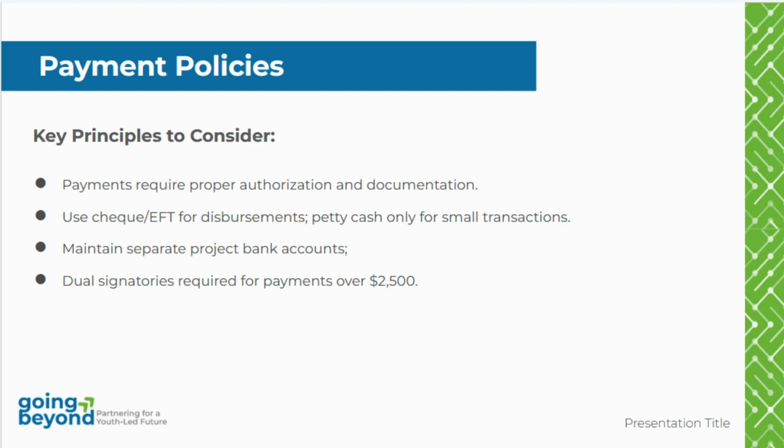Dual signatories are required for payments over $2,500 to enforce oversight and accountability. Additionally, spoilt checks are retained as audit evidence and recorded properly. Note well that payments are only made after verifying compliance with policies, budget limits, and the availability of funds in the relevant account.